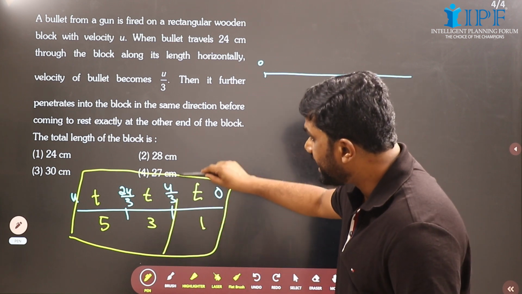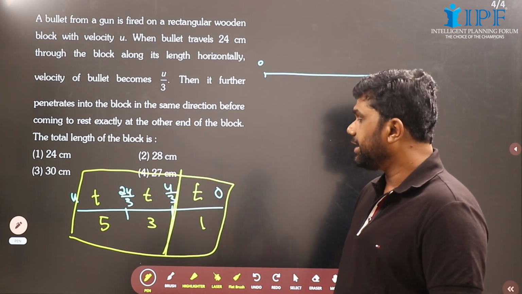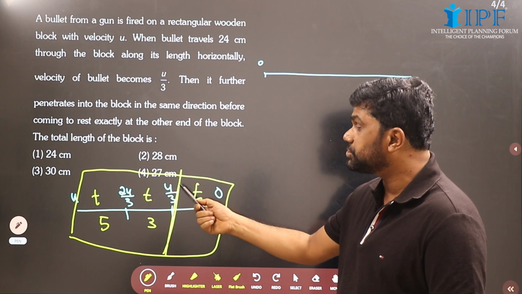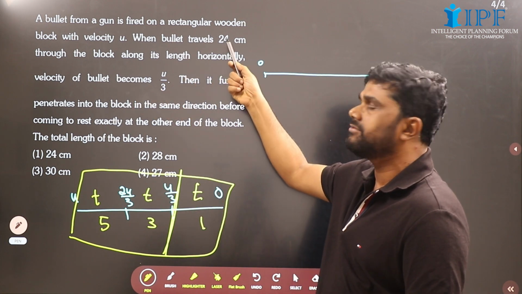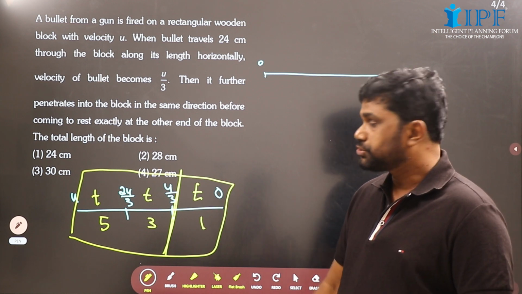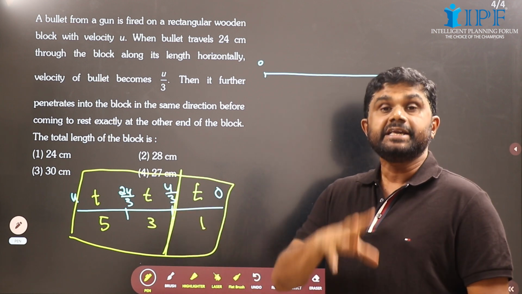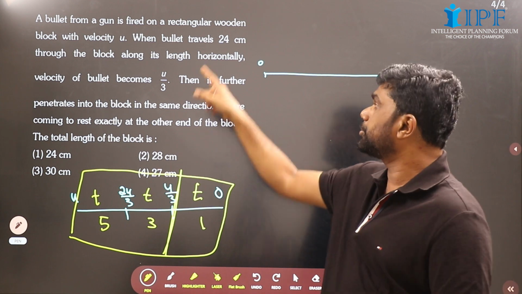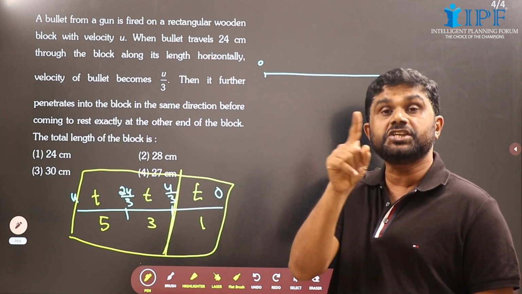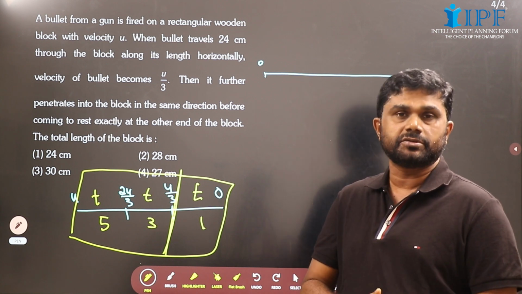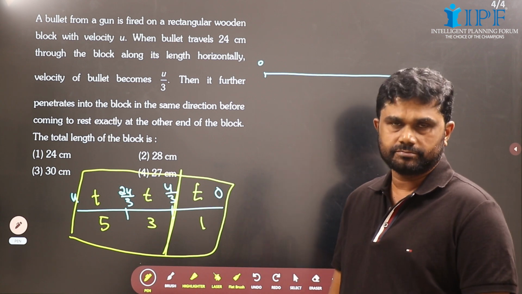This 5 plus 3 is 8 units. When its velocity falls to u by 3, it has traveled 24 centimeter. So 5 plus 3, 8 parts are equivalent to 24. So each part will be 24 by 8, that is equal to 3 centimeter.